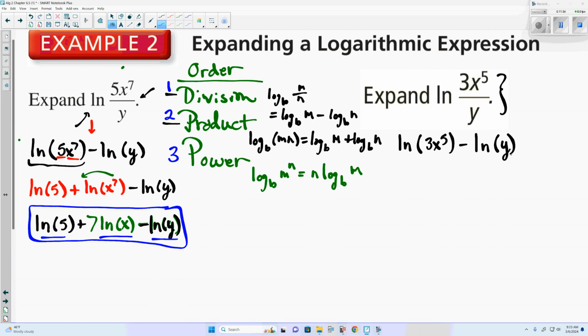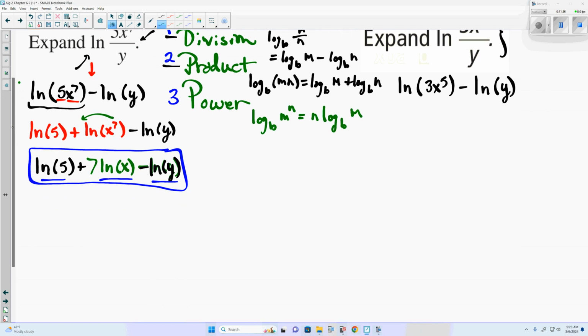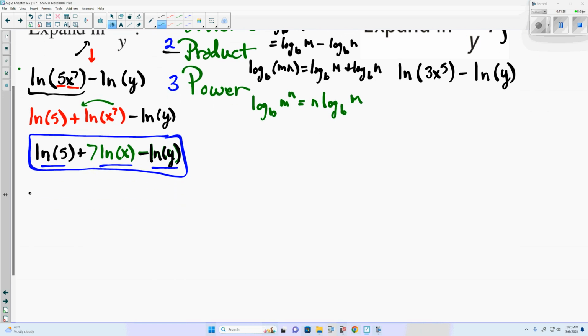Then we would do product, yes. So the first one would be indeed ln of 3 plus ln of x to the 5th minus ln of y. And that's all the multiplication. I mean, x to the 5th is technically product, but I don't think we want to rewrite that as ln of x plus ln of x plus ln of x plus ln of x plus ln of x, rewriting it 5 times.